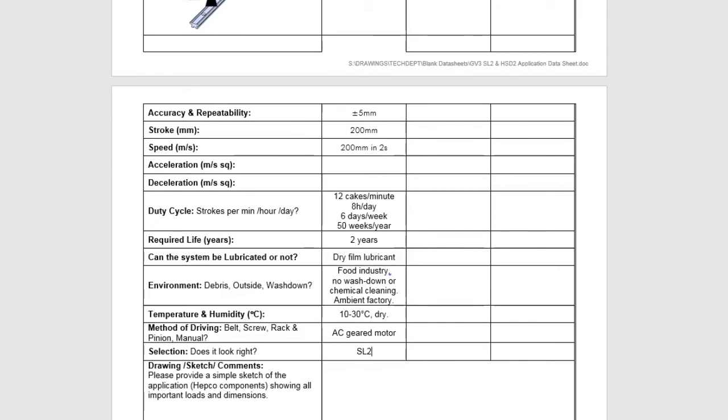The final section of the datasheet allows you to add comments on the application and provide a drawing or sketch. Customers aren't always able to provide a full manufacturing drawing at the beginning of projects, as there are so many details yet to be defined. In most situations, a simple sketch or diagram to illustrate the application is sufficient. You can provide this at the end of the datasheet or in an attachment when you send your inquiry to us by email.